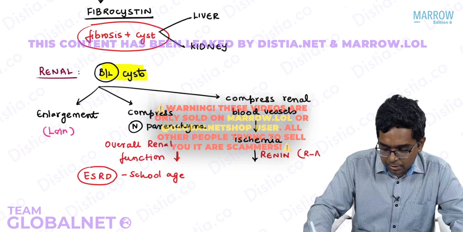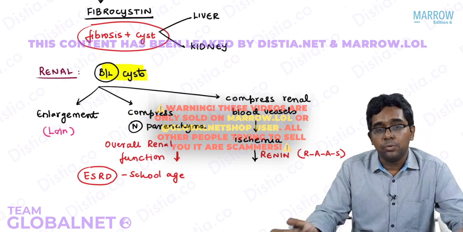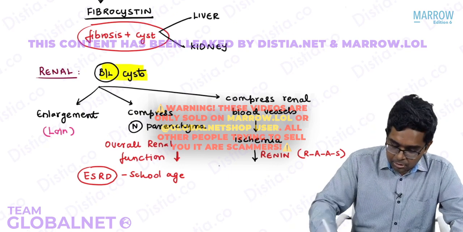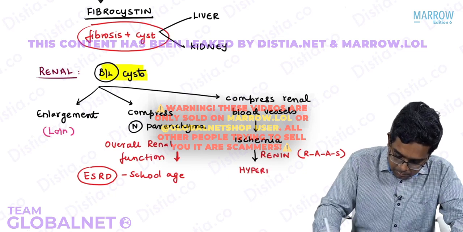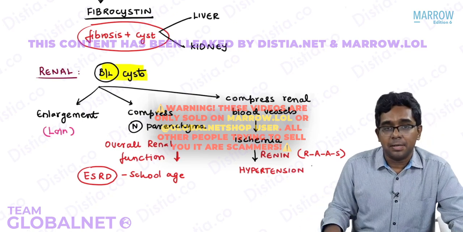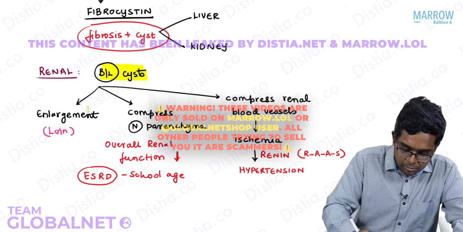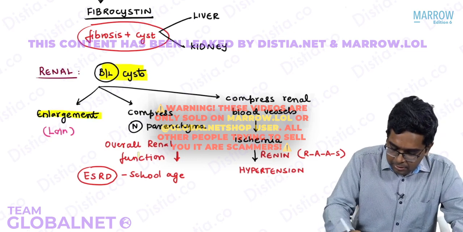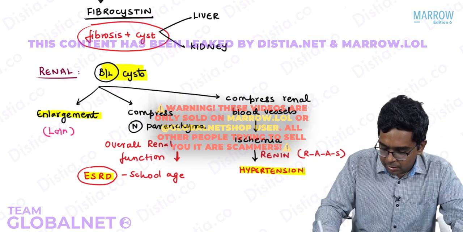What is that? Renin, angiotensin, aldosterone system. And this would result in increased levels of aldosterone, and that would in turn increase the blood pressure. So these children also have hypertension. So these are the characteristic renal manifestations due to autosomal recessive PKD, which include bilateral renal enlargement, decline in renal function leading to end-stage renal disease, and finally hypertension.